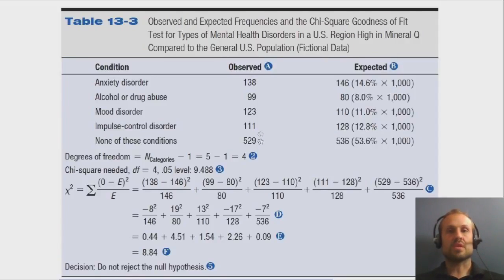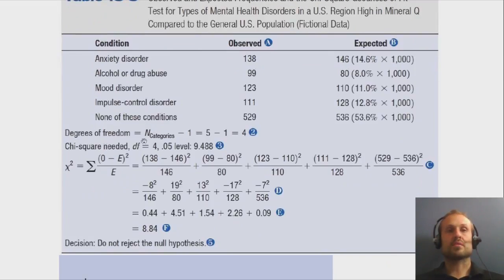Now I observe these numbers from previous studies. I have the percentages of what it is in the US as a whole population, so I can calculate the expected number, the number that I would expect regardless of where the people live or what they're exposed to. Now I have my degrees of freedom.